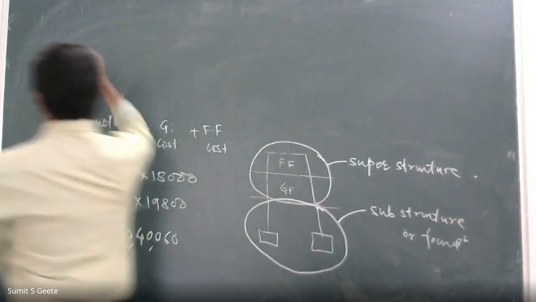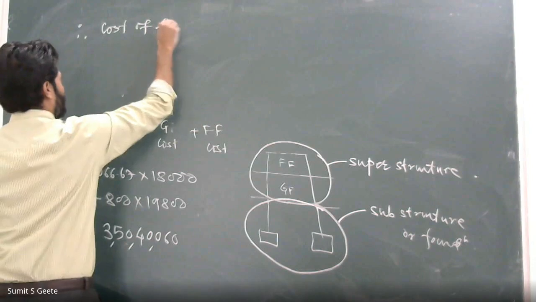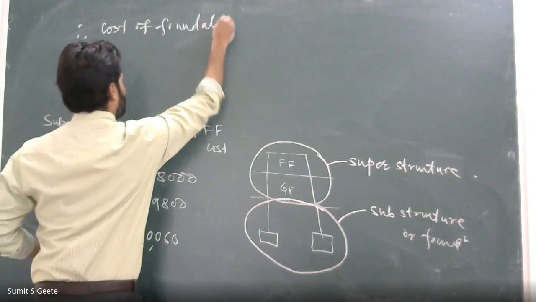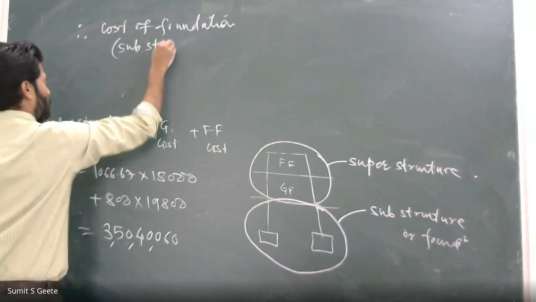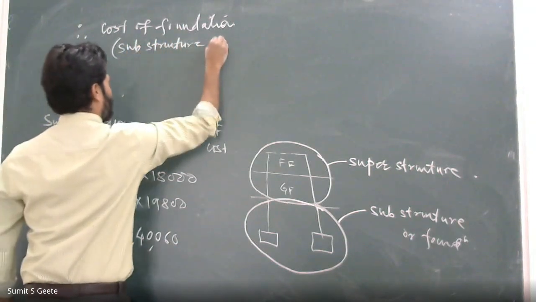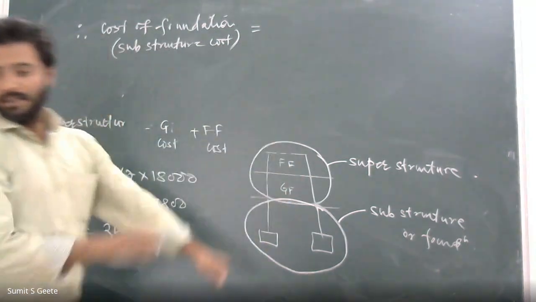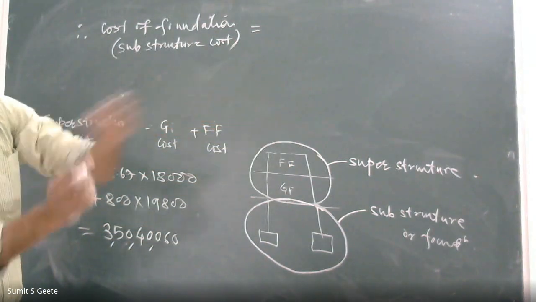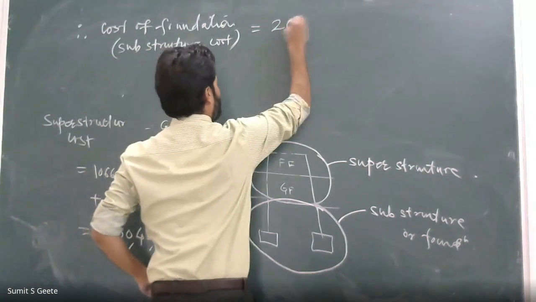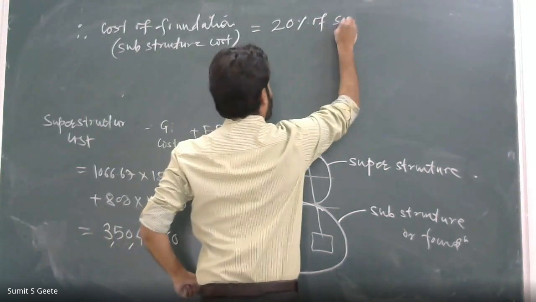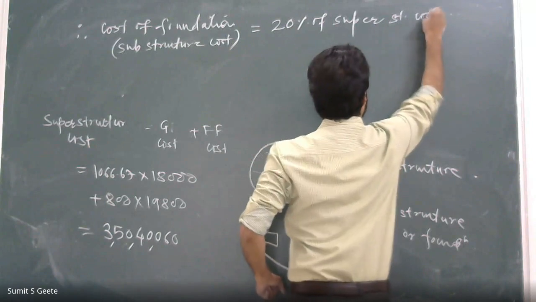So cost of foundation, you may say substructure cost, is 20% of superstructure cost.